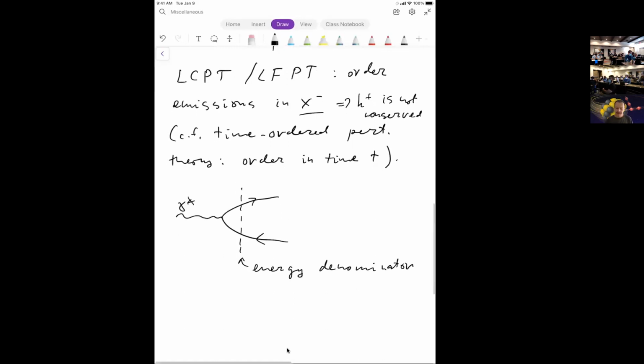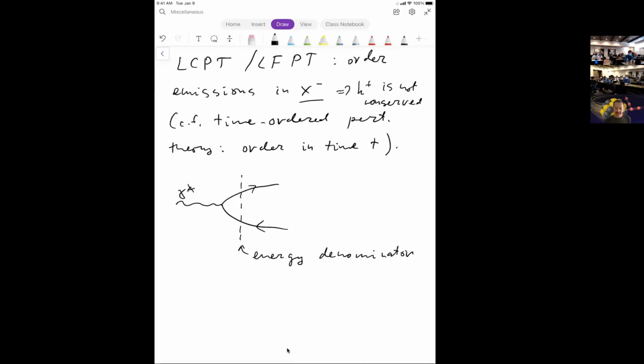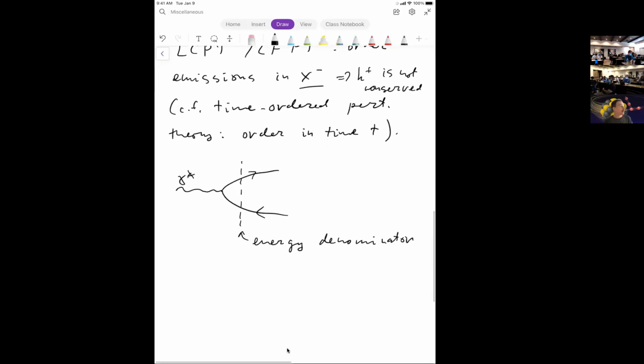Anyway, I don't want to spend too much time on this. So you say, okay, we have a photon with momentum q, the quark carries momentum k, the anti-quark carries q minus k.